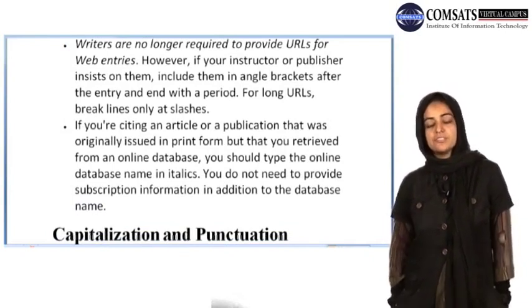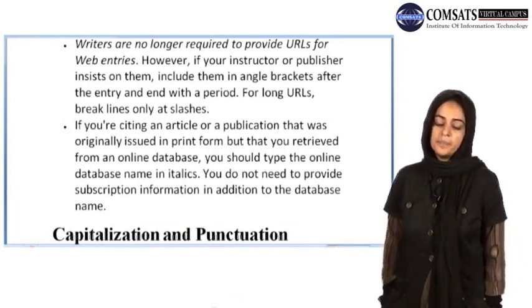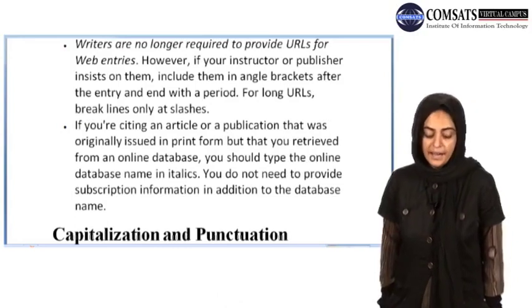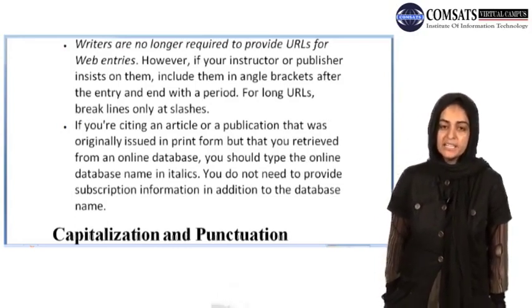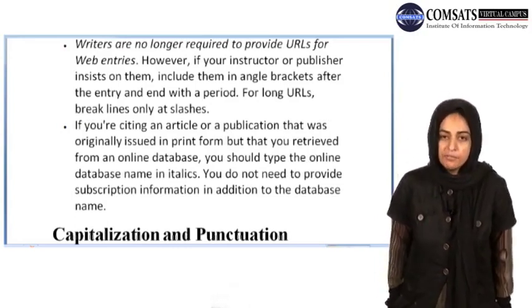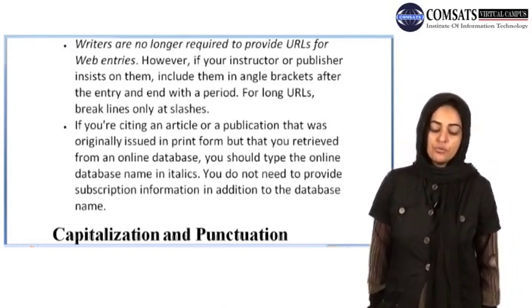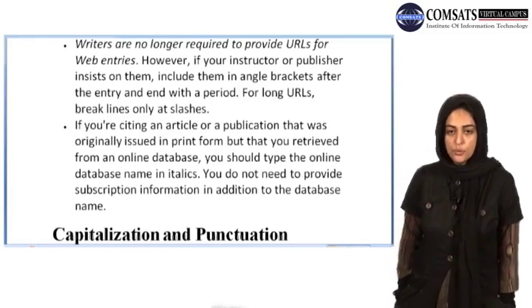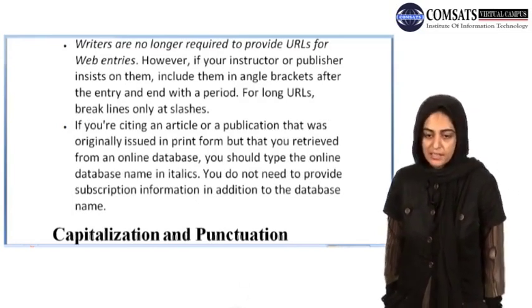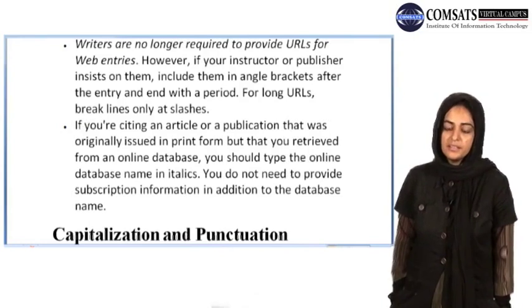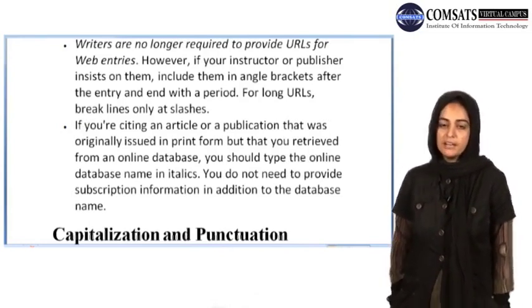Now, sometimes it happens, dear students, that there was some article, for example, and that article first appeared in the print form, hard form somewhere, but afterwards it was also available on some website, on some electronic database, and you retrieved it from that electronic database.